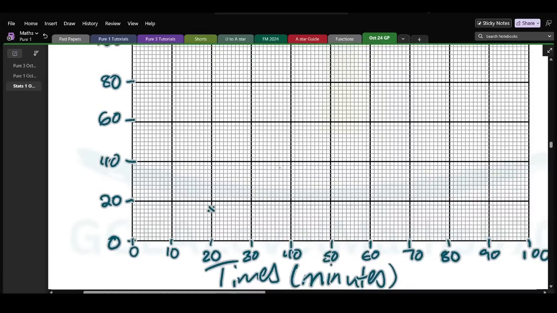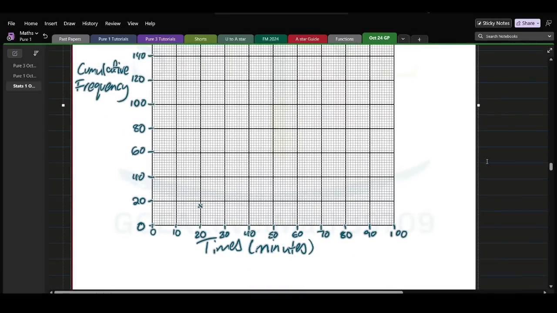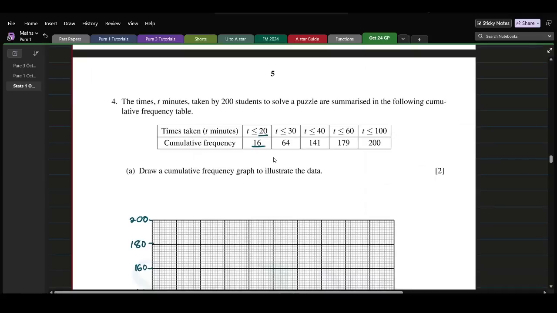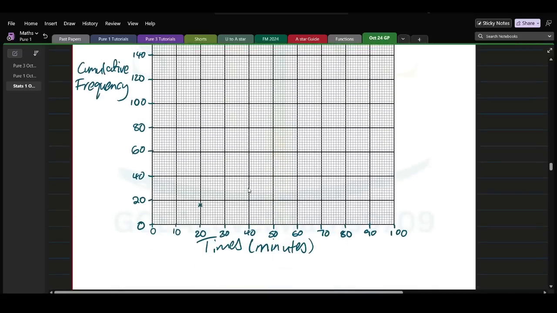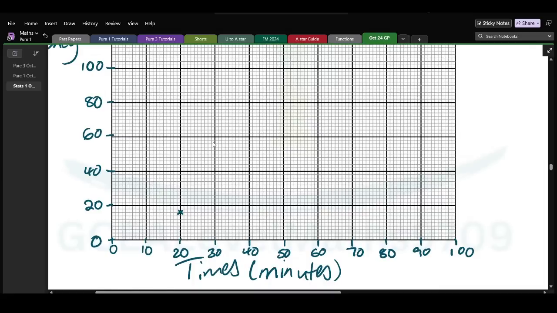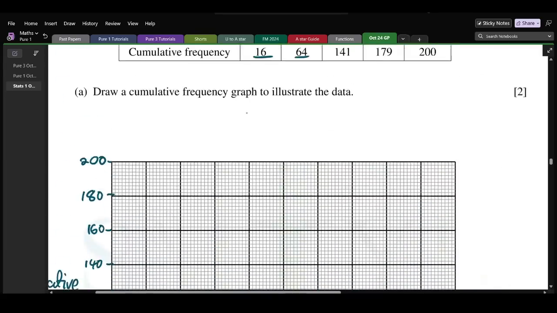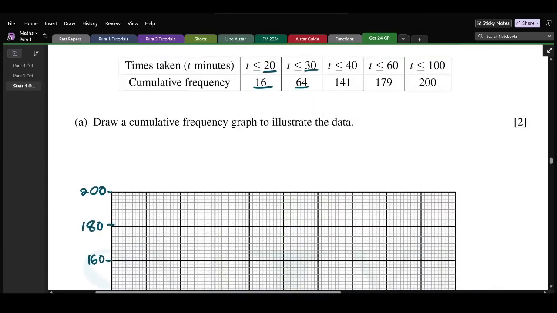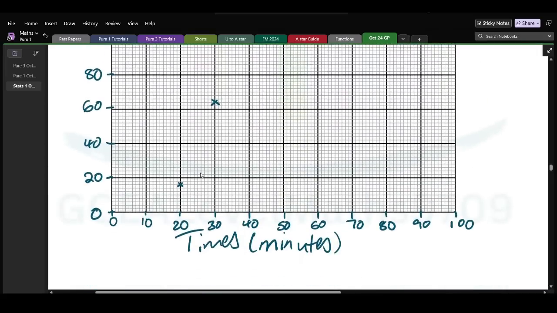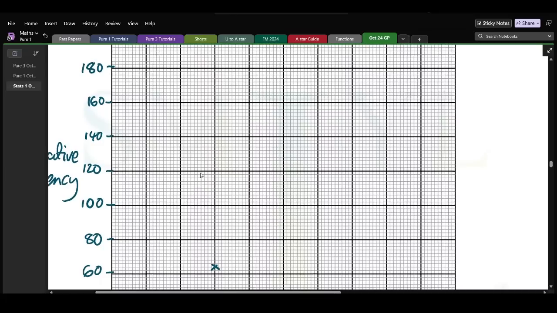Alright, and then we need to plot our next set of points. So we've got 30 and 64. So 30, 64 would be here, and then we've got 40 and 141. 40 is this line over here.